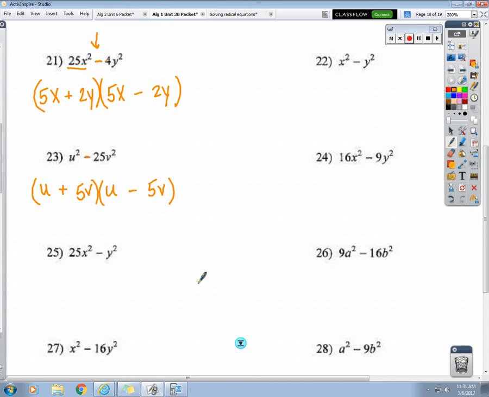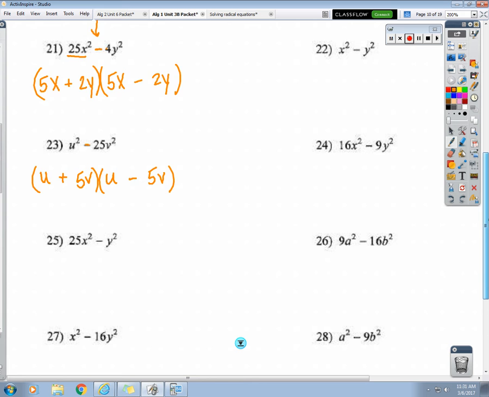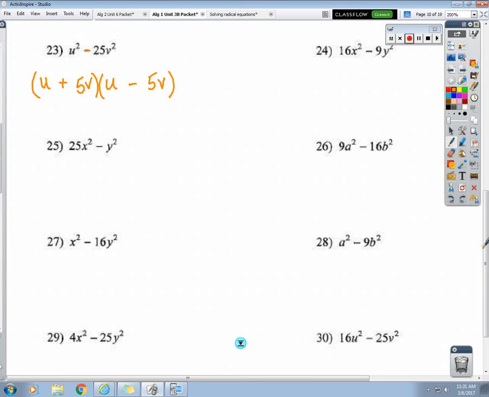Okay, try 25 quickly. Okay, is 25 a difference of two squares?